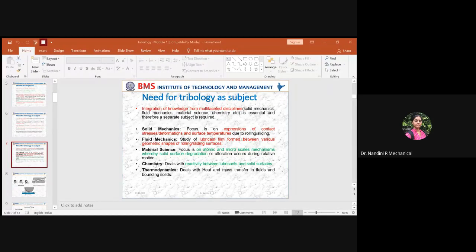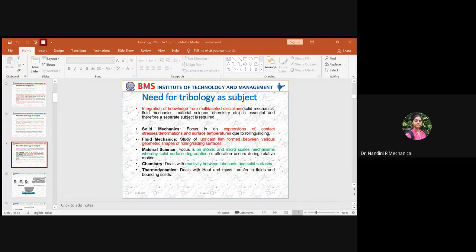In relation to tribology, it will focus on atomic and micro scale mechanisms. When you visualize through SEM, TEM, or AFM, that helps to analyze the material at atomic level, in micro level, and also in nano level. Now, if you use STEM, you can evaluate the characteristics of the material even at nano level.